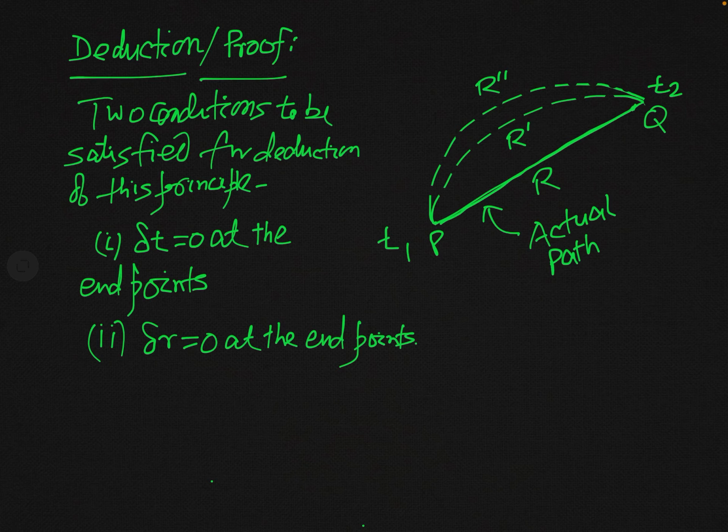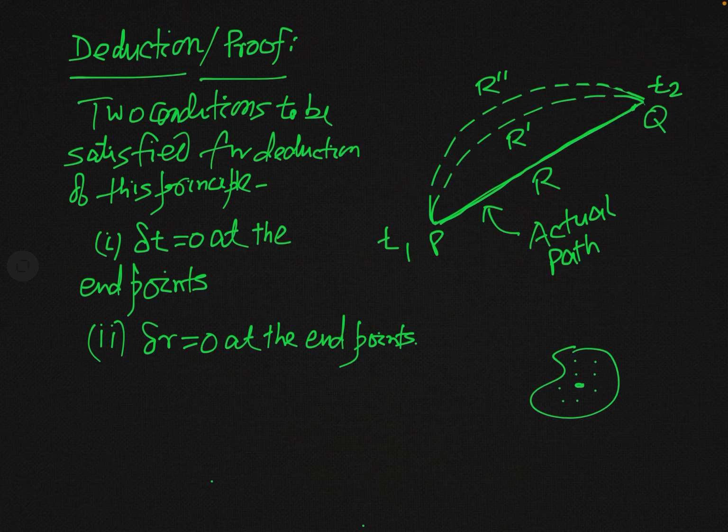So, for this, let us consider a holonomic conservative system acted upon by a number of forces, and this system actually consists of a large number of particles. Suppose there is a system consisting of a large number of particles and it is acted upon by several forces.